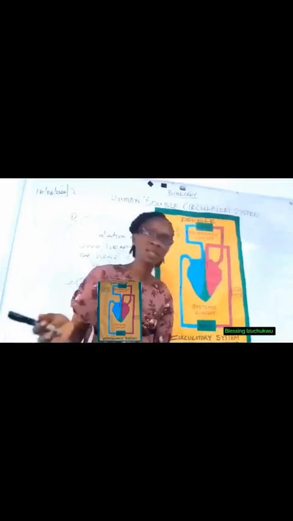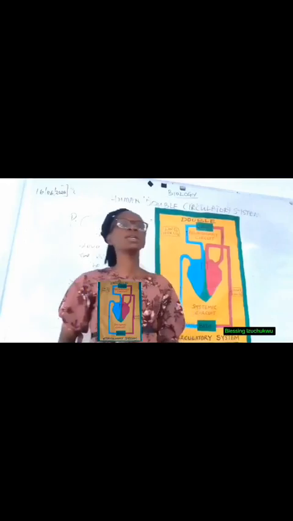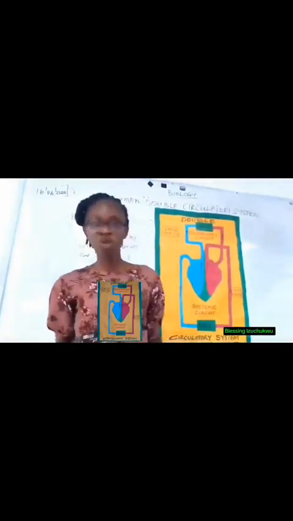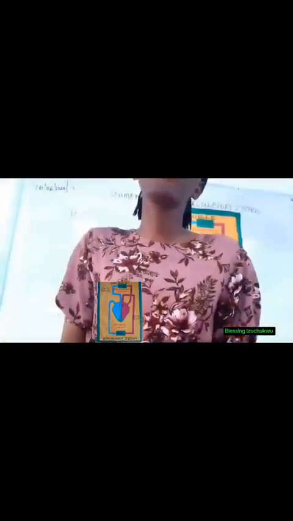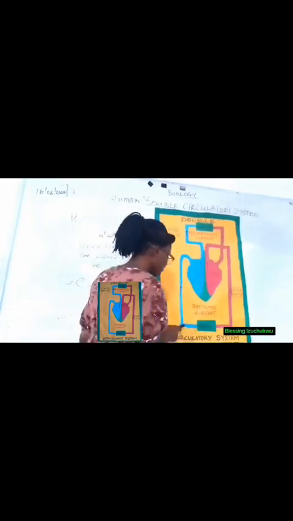When the blood leaves the body parts, it could be the liver, the heart, because the heart also needs oxygen, the kidney, the small intestine, the stomach, the muscle cells, or other parts of our body, it becomes deoxygenated.